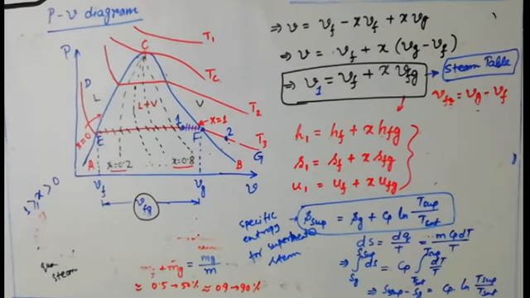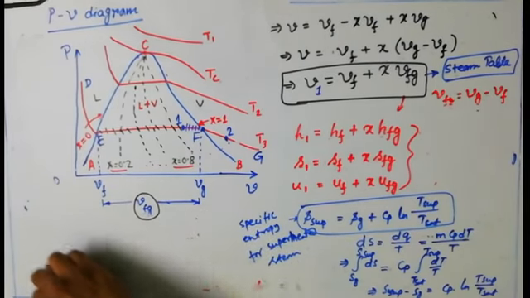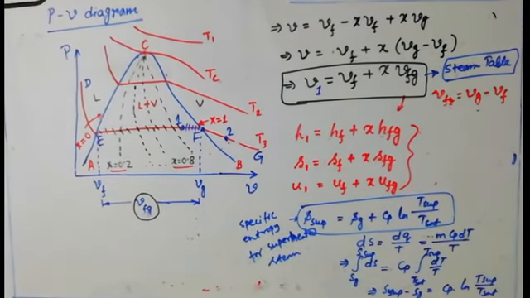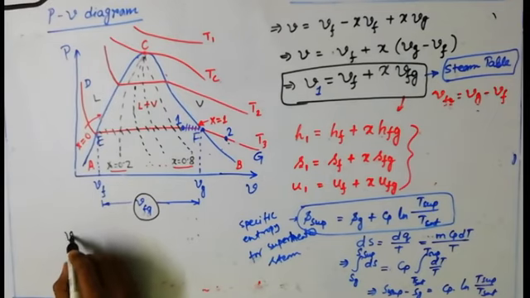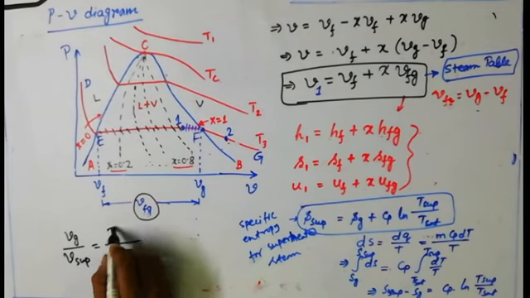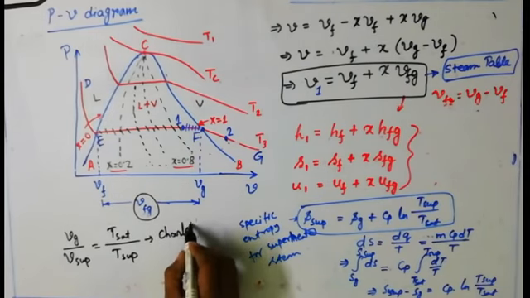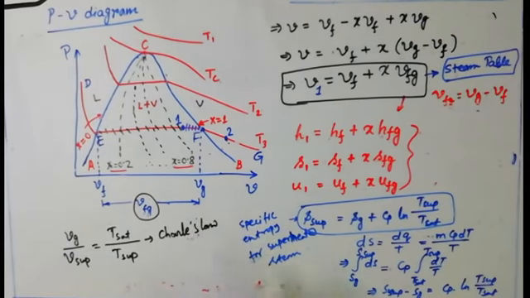One more formula will also be used, that is basically Charles law. From Charles law I can write like this: Vg by V sup is equal to T sat by T sup. That is nothing but Charles law, because by Charles law we know that volume and temperature are proportional if the pressure remains constant.